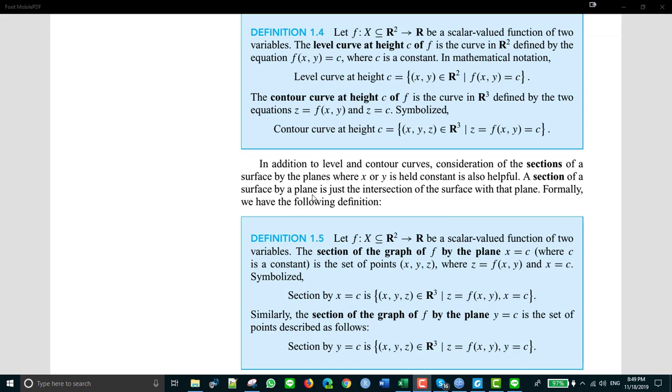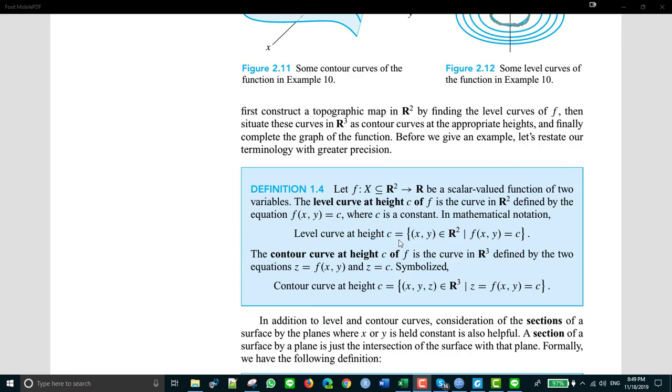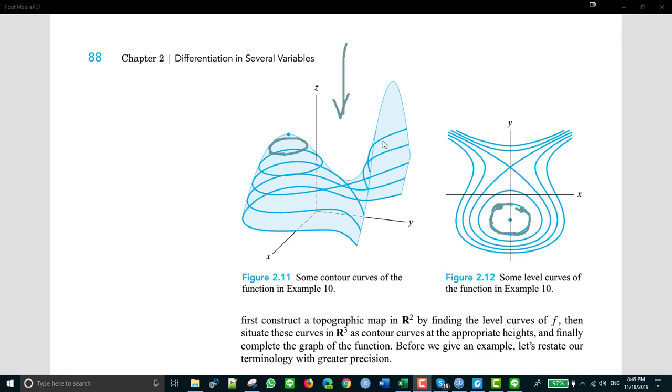But actually, we're not just going to take any plane. We're going to talk about specific planes: planes parallel to the XZ plane, and parallel to the ZY plane. If we have a plane which is parallel to the ZY plane, it might cut out over the x-axis over here, but it's going to be parallel to the YZ plane.